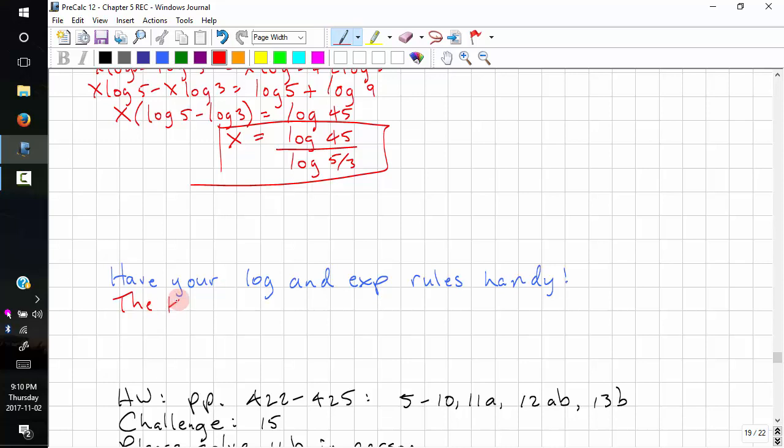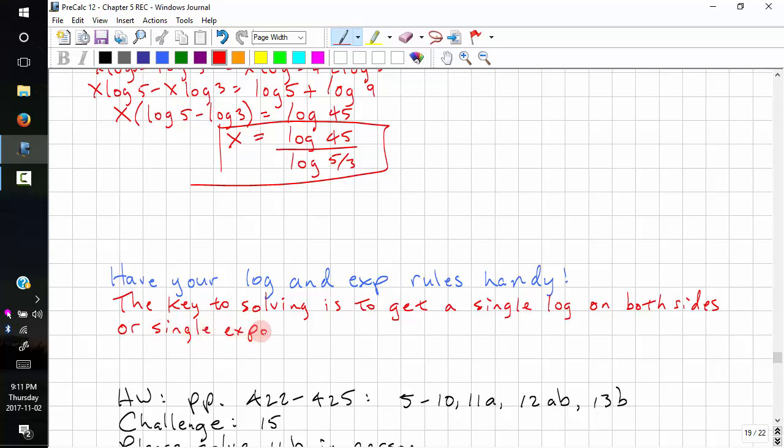And the key to solving is to get a single log on both sides, or a single exponential on both sides. Then use the inverse function to solve.